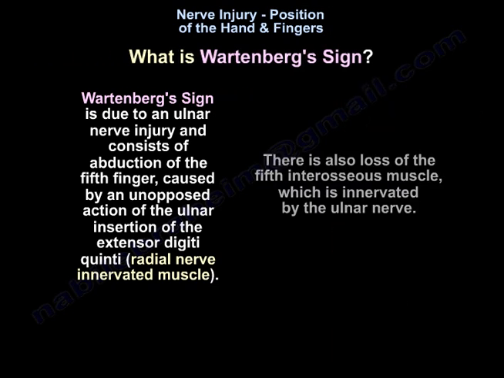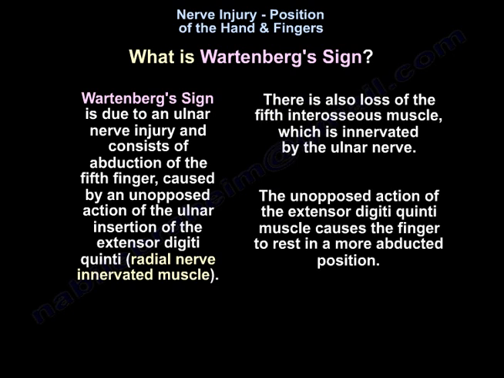There's also loss of the fifth interosseous muscle, which is innervated by the ulnar nerve. The unopposed action of the extensor digiti quinti causes the finger to rest in a more abducted position.